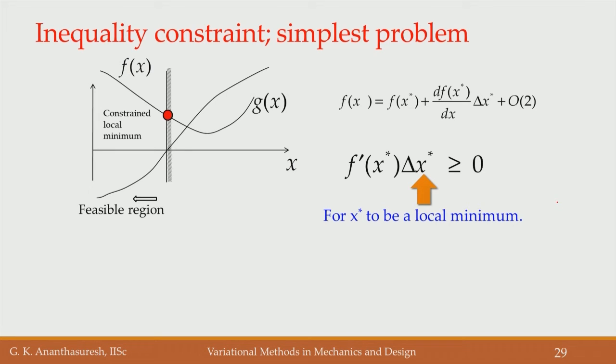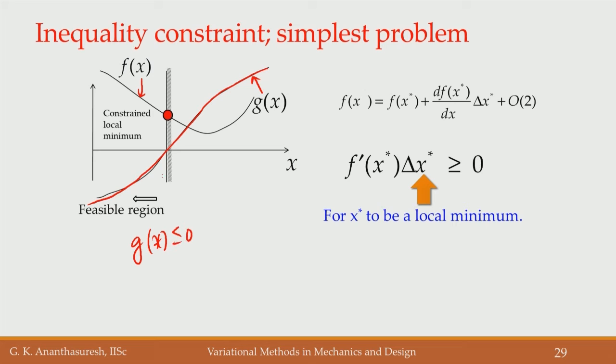Let us take a one variable problem. For inequalities we can take a one variable function, there is no problem. Let us say f of x is like that and g of x is like this. Now, we want to minimize f of x such that g of x is less than or equal to 0.